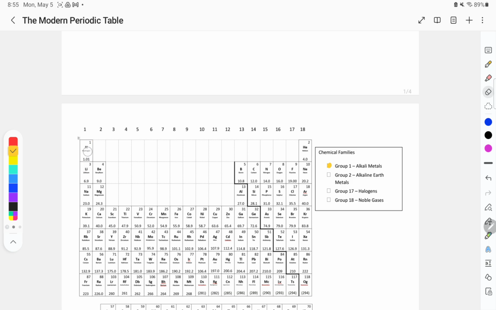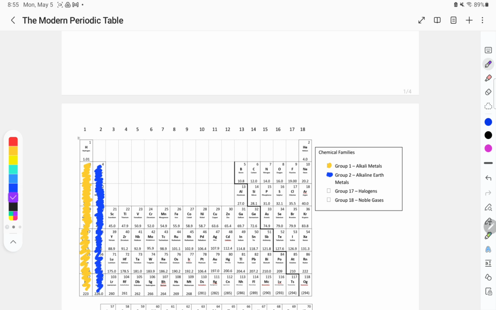Hydrogen is not an alkali metal, so we'll continue from lithium on downwards, and color all of these the same color. Don't color them so much that you can't see what they are. Then our second group, group 2, are the alkaline earth metals.